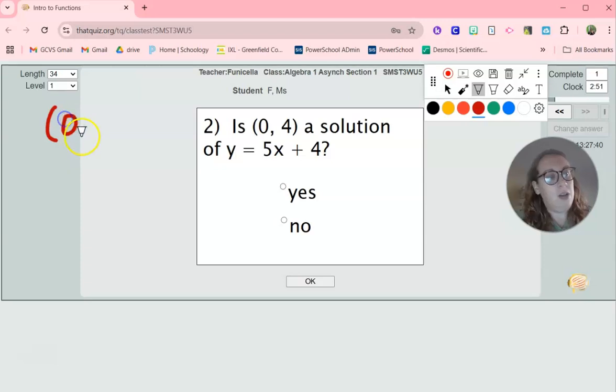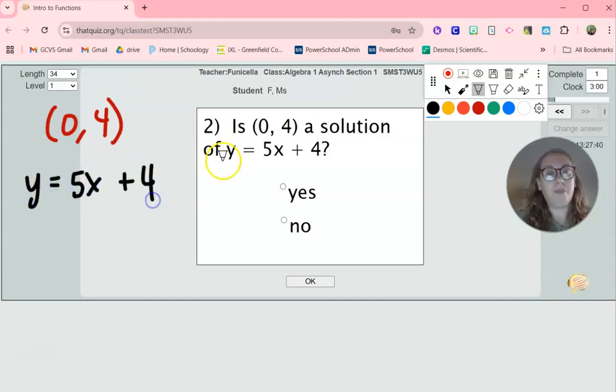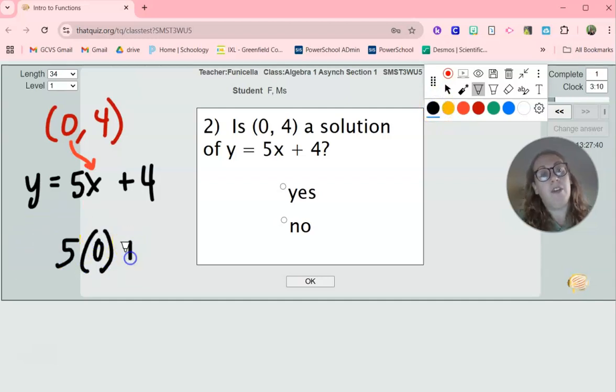Is (0, 4) a solution to this equation, y equals 5x plus 4? It's the same equation, so our rule is still multiply by 5 and then add 4. When we take that number 0 and plug it into our function, when we multiply it by 5, we get 0. 5 times 0 is 0.